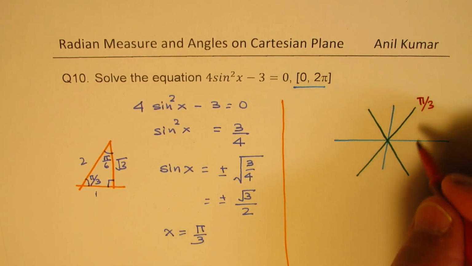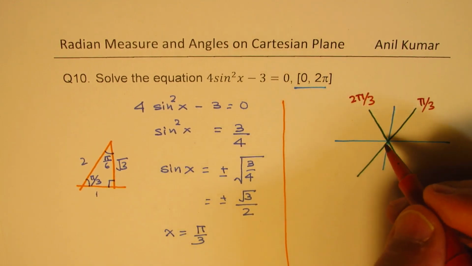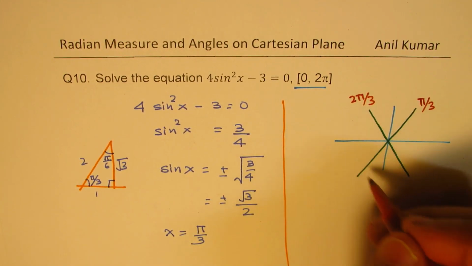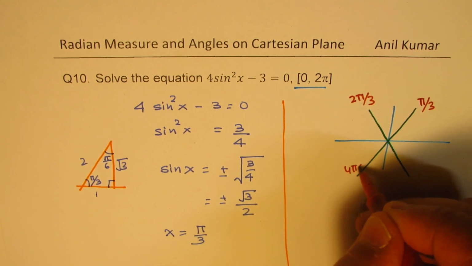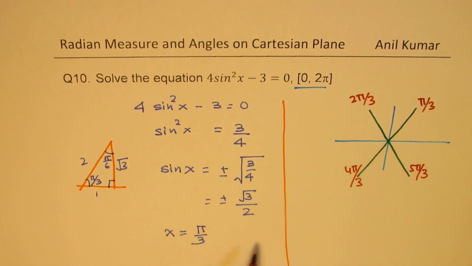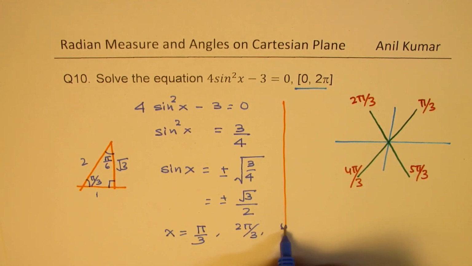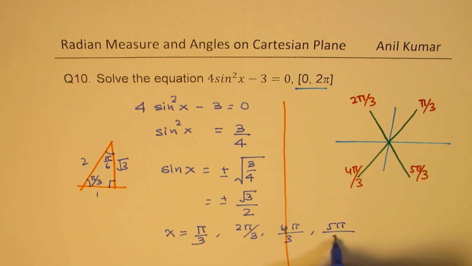The other angle will be 2 pi by 3. This one is 4 pi by 3. And 5 pi by 3, correct? So we have 4 solutions which are pi by 3, 2 pi by 3, 4 pi by 3, and 5 pi by 3, correct? So that is how we are going to solve this particular equation.